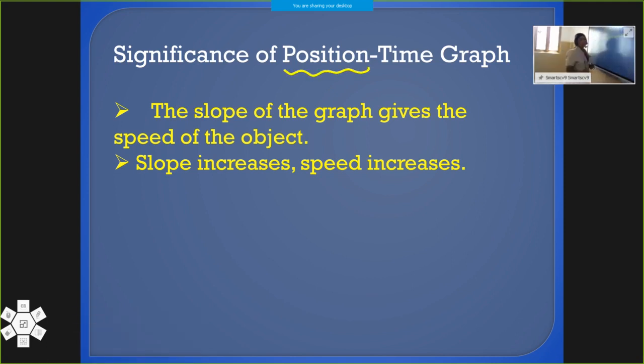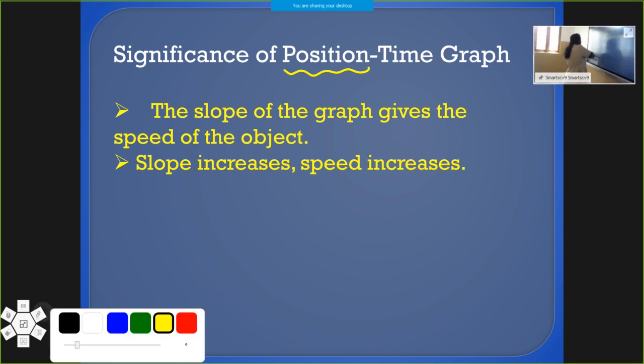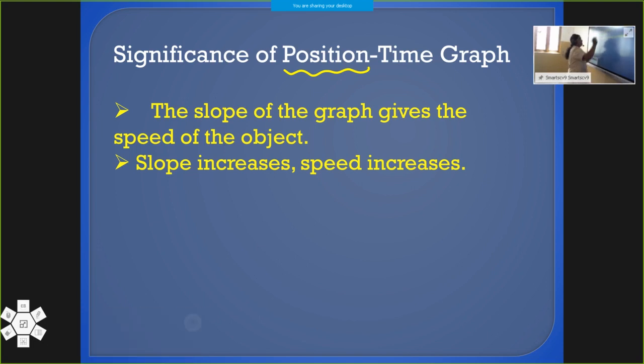Distance time graph is also called position time graph because we are giving the positions from the origin. The slope of the graph gives the speed of the object.